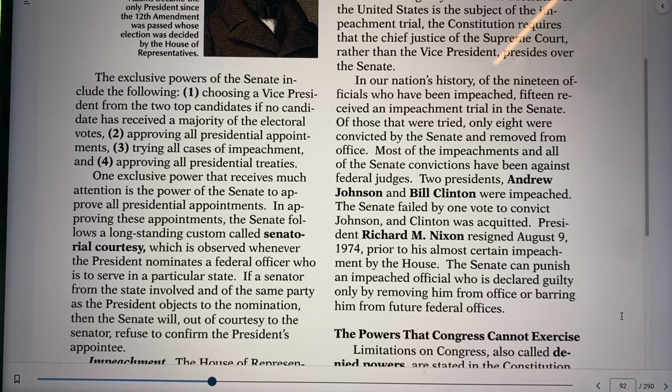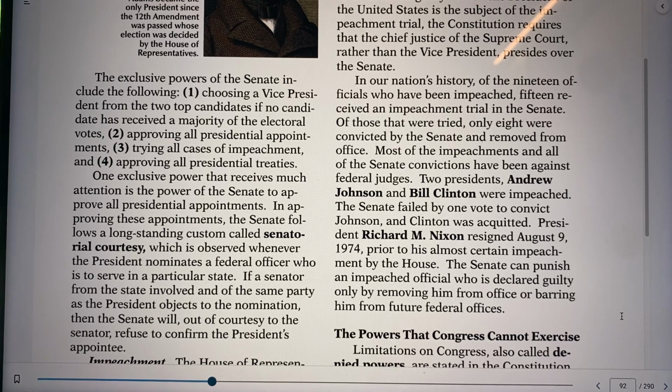President Nixon also would have been impeached, but he resigned on August 9th of 1974. He resigned because he would have been impeached in the whole Watergate trials we know. His vice president had resigned earlier, and Ford became president through that.